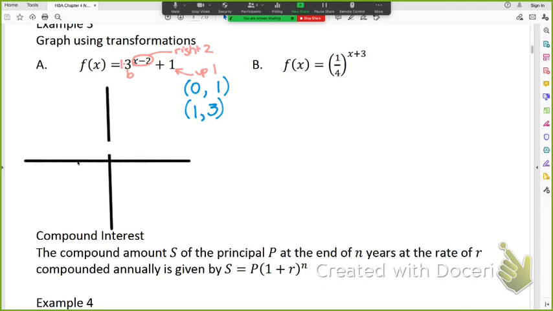So I start with 0, 1, and 1, 3. And then I do both of my transformations to those 2 points. So I take both of those points and I move them which way? Up 1 and right 2. Good.